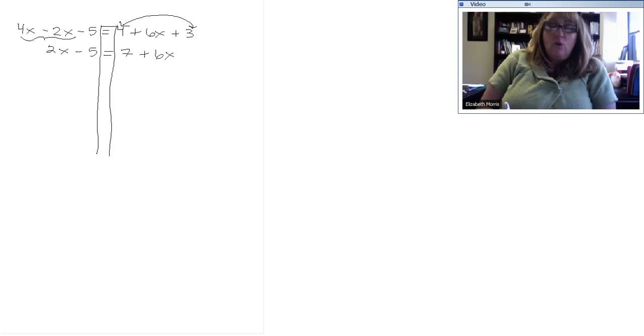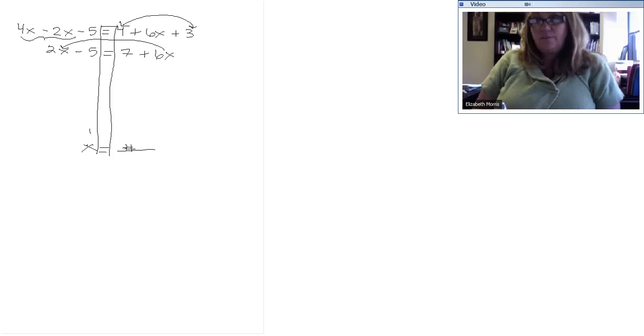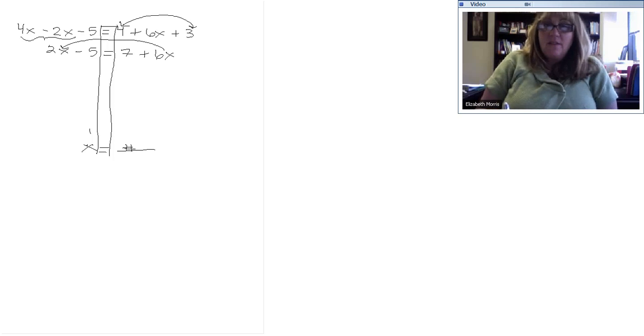Now, in order to solve, I want x equals some number. Well, I got x's here, and I got x's here. So this 6x needs to come over to the other side. Well, you can't just move it. You have to pay a price. You have to do what's called the opposite operation. So if this is a positive 6x, and I subtracted 6x, I'd have nothing left.